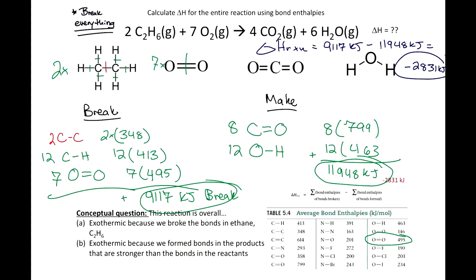We know this reaction is exothermic, but why? It's not because we broke bonds. It is exothermic because we formed products that have much stronger bond strength. The make part is a very large number that we subtract, and that's what makes this reaction exothermic.